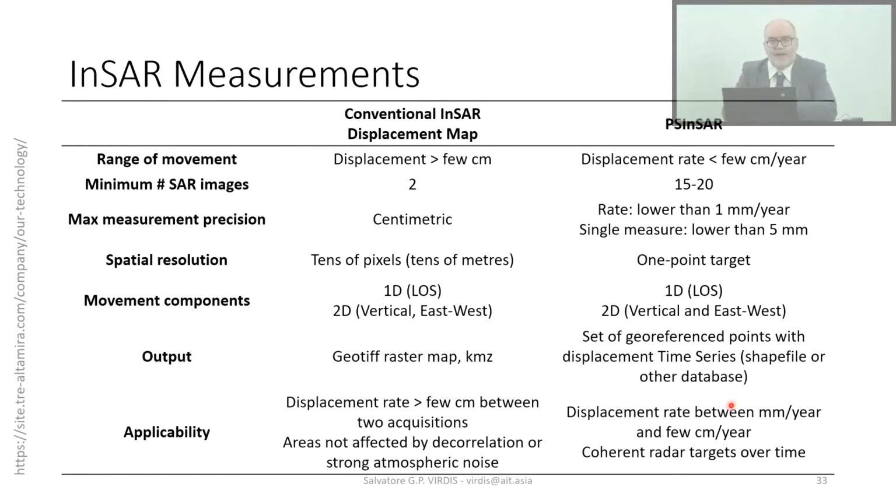So if we want east-west or vertical components, we need to combine the two acquisition geometries. PS are usually released as a time series of displacement for each selected point, while conventional InSAR is usually a classical pixel or raster-based product. And conventional InSAR is useful in coherent areas, while PS, working on coherent targets, has limited this problem.